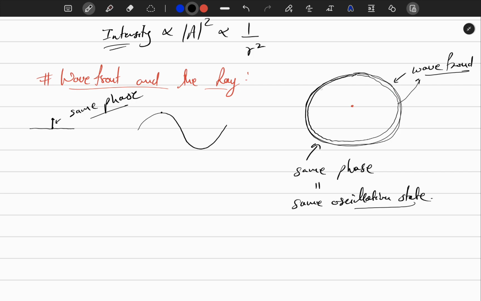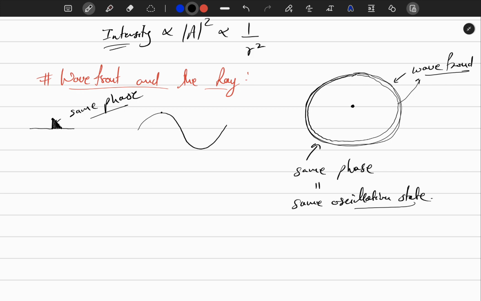All the particles on this circle will be in the same phase, and this consists of a different wavefront. Similarly, all these particles will be on different wavefronts.